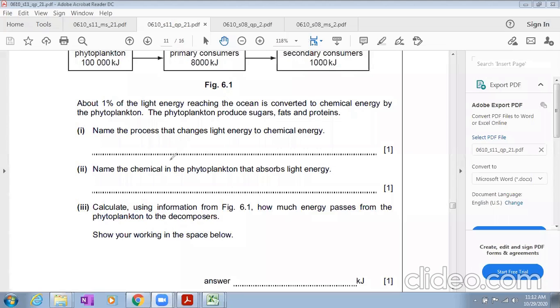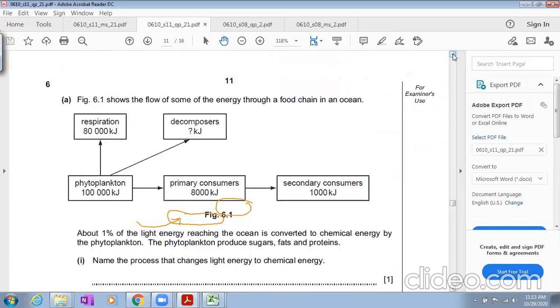All right. Another question: calculate, using information from figure 6.1, how much energy passes from phytoplankton to decomposer. Decomposers are fungi and bacteria that do decomposition. Show your working in the space below. So let's go back to the table and see how much energy passes from phytoplankton to decomposer.